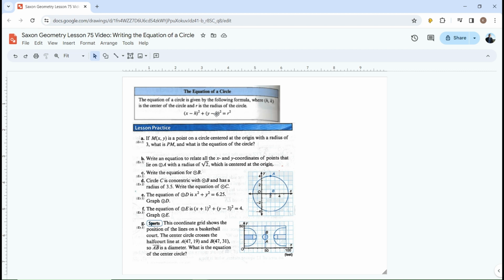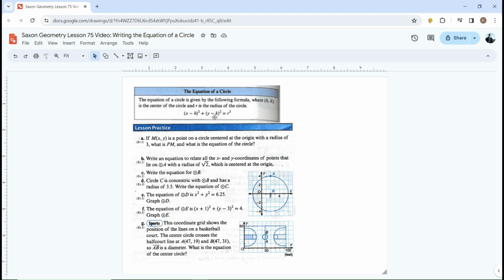If we have x minus a number, whatever number that is shifts it to the right. If it's x plus a number, that number shifts it to the left. Y minus a number shifts it up, which is counterintuitive. You think minus, you think down, but the natural state of the equation is minus. So whatever number we plug in for k, if it's y minus k, it shifts it up. If it's y plus k, it shifts it down.